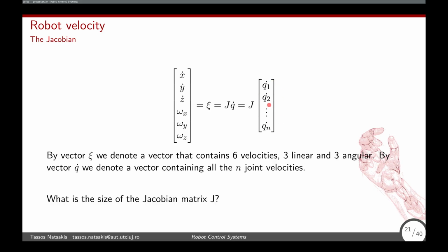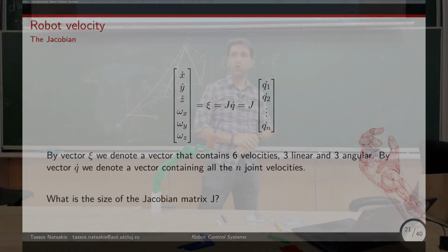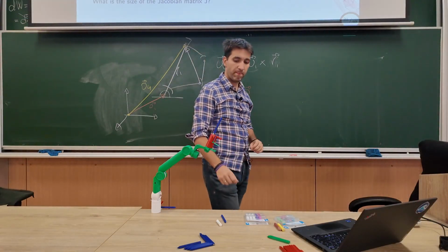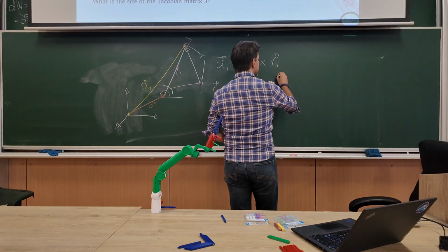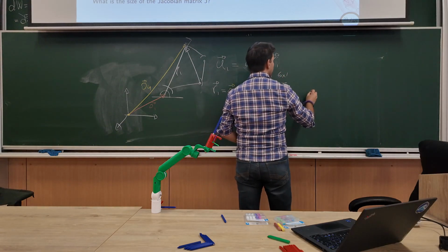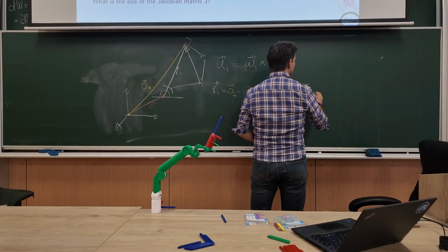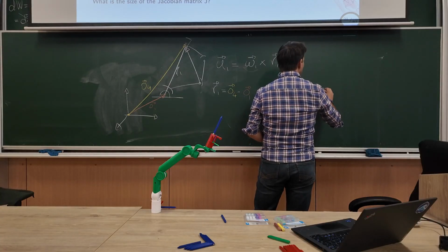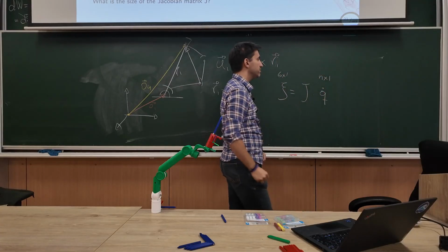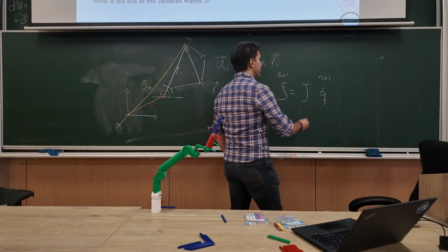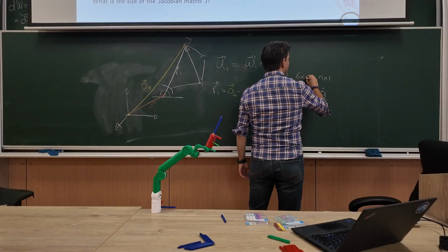Right? What would be the size of this Jacobian matrix? So here I have xi, which is 6 by 1, equal to a Jacobian times q dot. Q dot is n by 1, because I have n velocities. So this would be a 6 by n.